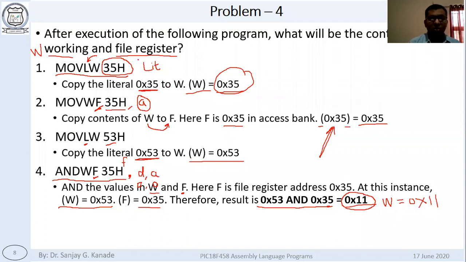What about the second section? What is asked? What is the content of the file register? Now I am coming back to the first question about this program. Which file register are we talking about? There is only one file register involved in the whole program, and that file register is this 35, right?